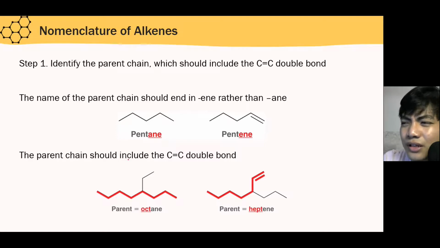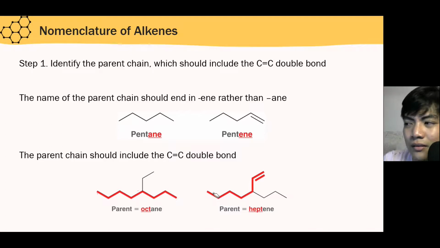So the parent chain should include the C double bond C, okay? So for example, here, okay, so if you don't have any double bond, then this will be your longest chain, right? So it will be octane. However, since in this molecule on the right, we have a double bond that is in here, okay lang kahit hindi na siya yung longest as long as it will contain the double bond.